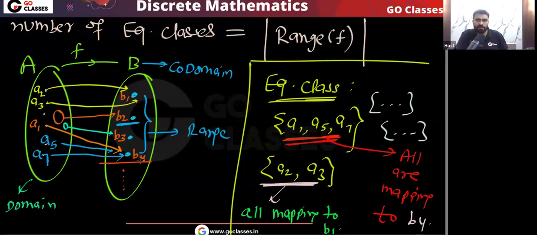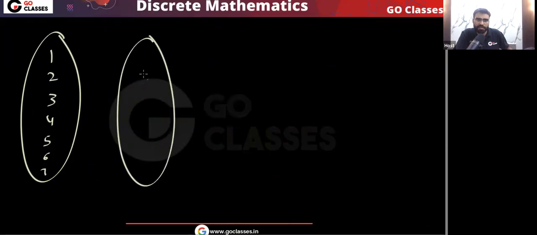So this is the idea. Is this clear to everyone? Please let me know. If you did not understand, let me give you one small example. Consider this domain 1, 2, 3, 4, 5, 6, 7, and consider this codomain A, B, C, D, E.